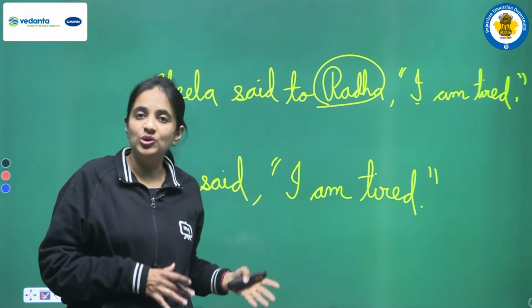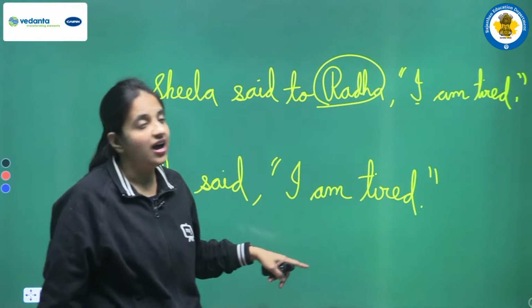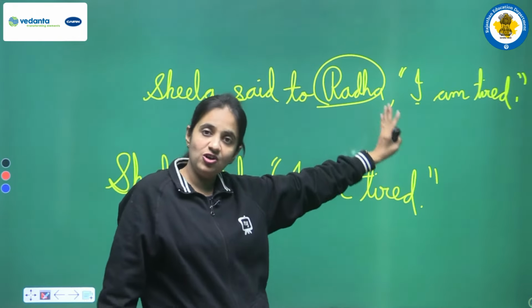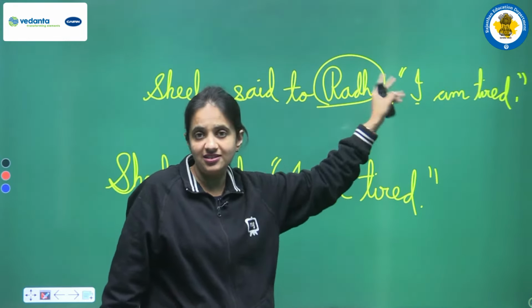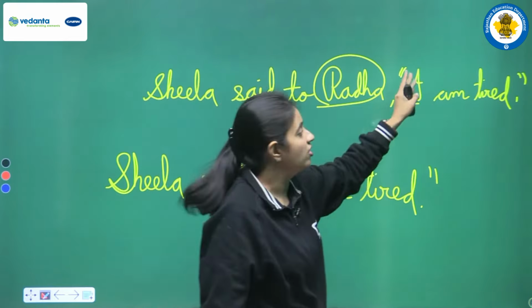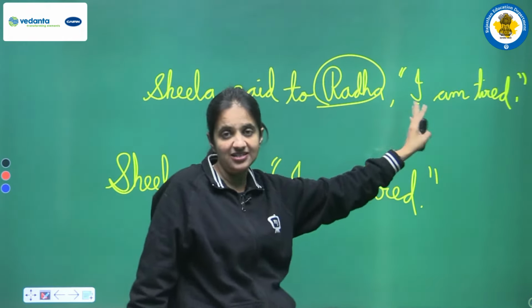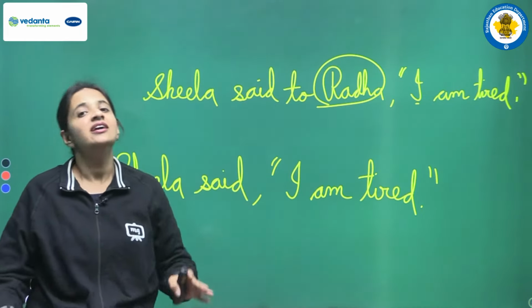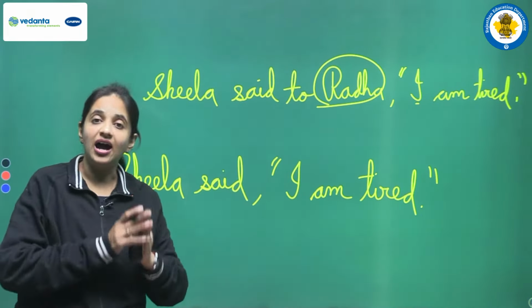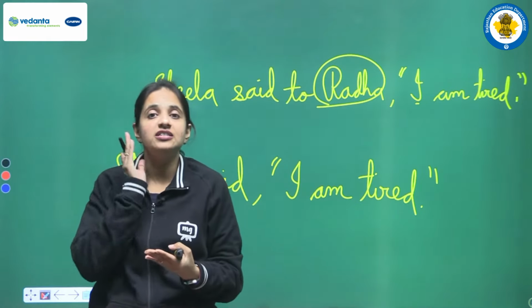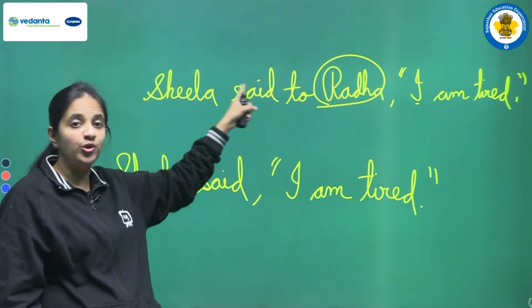According to the rules we have discussed, if we have an assertive sentence, and "I am tired" is an assertive sentence because it's a simple statement with a full stop at the end, then the first change we have to make is in the reporting verb.